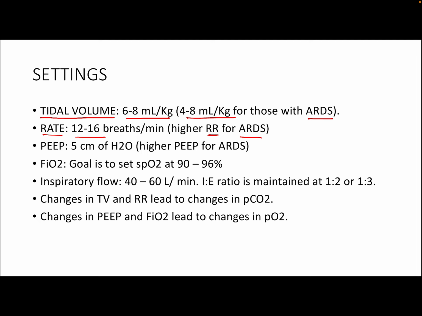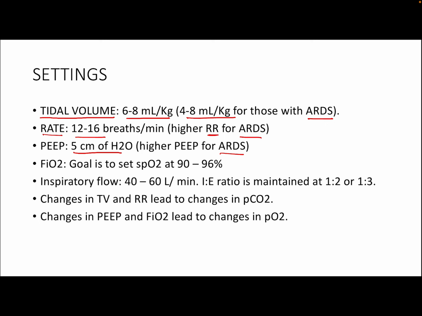Coming to PEEP, the PEEP is usually kept at 5 centimeters of water, and in case of ARDS we generally go for an optimal PEEP, not necessarily a very high PEEP. That is because in ARDS we are trying to prevent alveolar collapse, since PEEP essentially provides a positive distending pressure. But it's important to note that a very high PEEP in non-ARDS patients can lead to increased intrathoracic pressure.